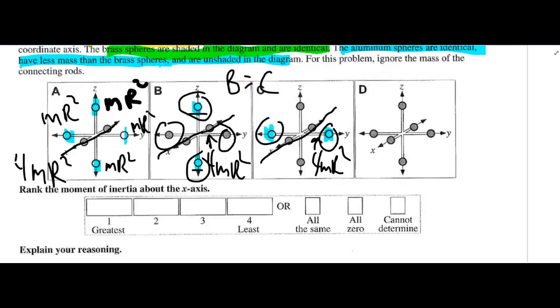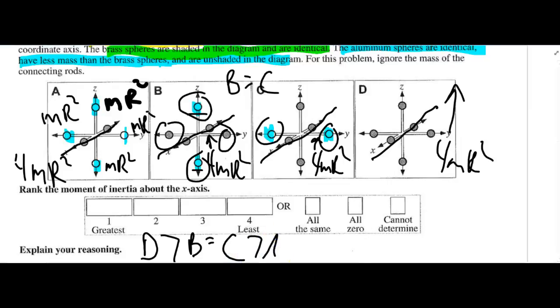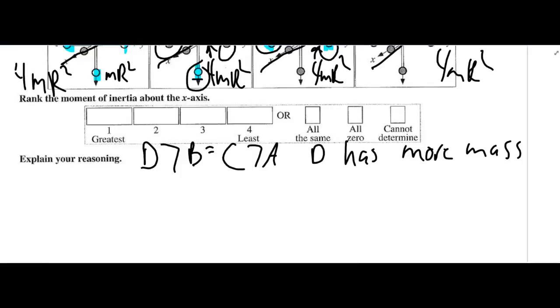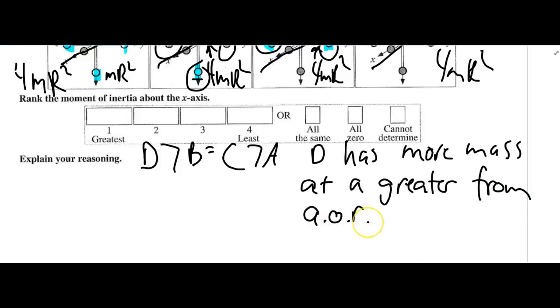They're evenly distributed. Last one, it is 4mr squared, but it says all of these masses are larger, so this is much larger than the original A. So the answer choice would be D is greater than B equals C greater than A. How I could describe this is D has more mass at a greater distance from the axis of rotation.